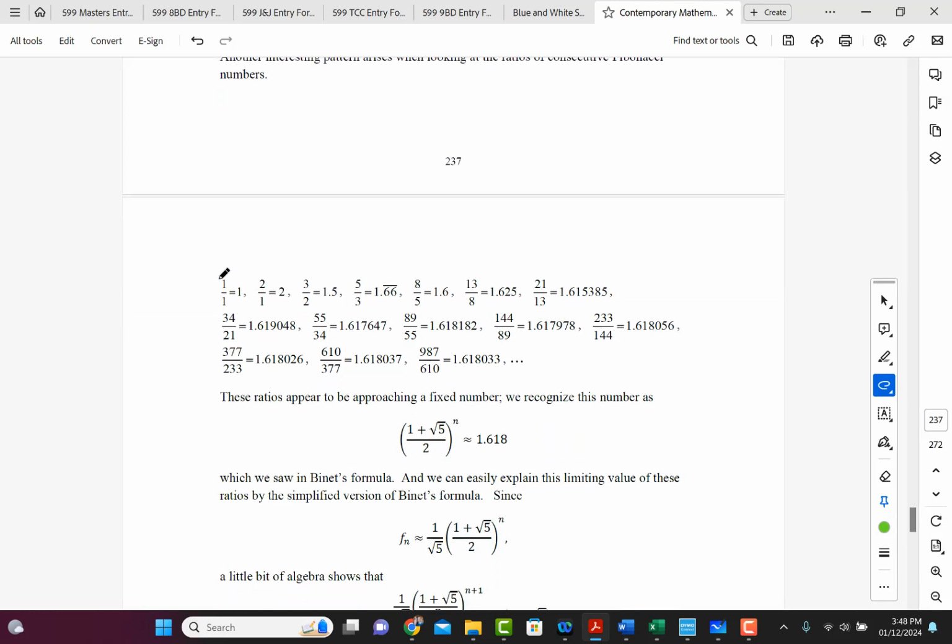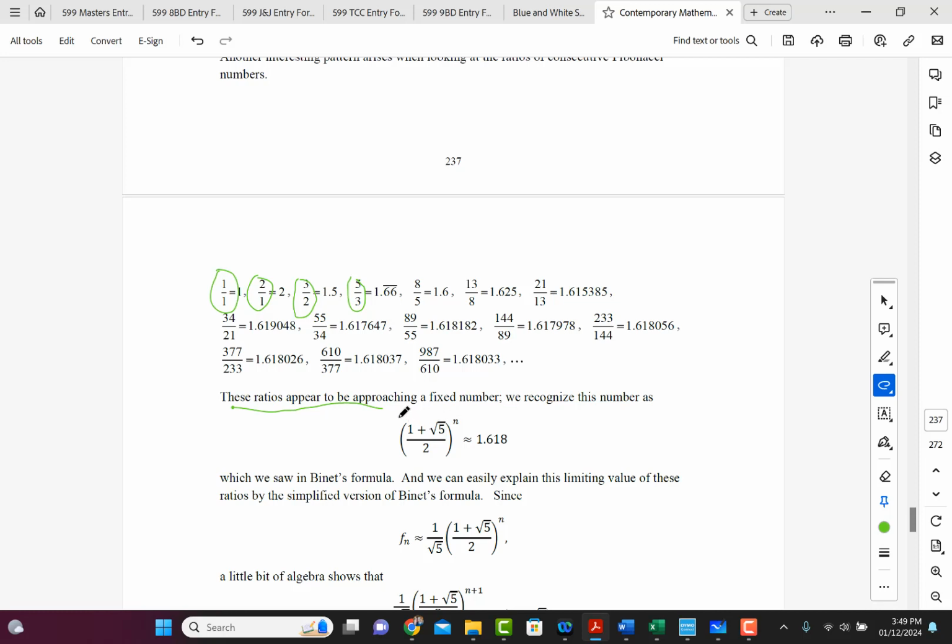So if we look at this, right? So 1 over 1, 2 over 1, 3 over 2, and so on. Look what's happening to the ratios. 1.6, 1.625. So what's happening to these ratios? Well, as we look at the ratio, the one number is going towards 0.